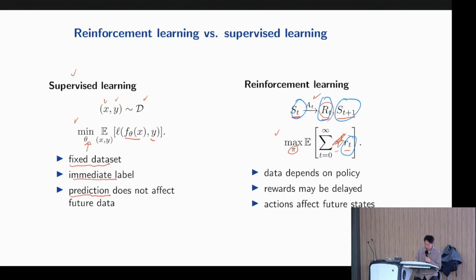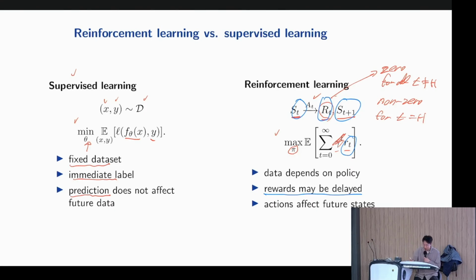Also, the difficulty is rewards may be delayed. So mathematically, we write it as R(S_t, S_{t+1}), but in real life, there are cases where this is 0 for all t that is not the final step, and you have some reward only at the final step.